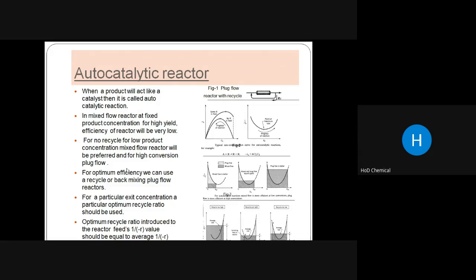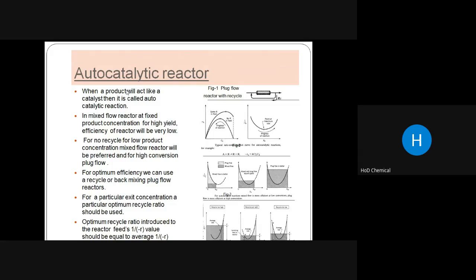While the reactant is converted to product, at that time the catalyst acts like a product, and we term this an autocatalytic reaction.